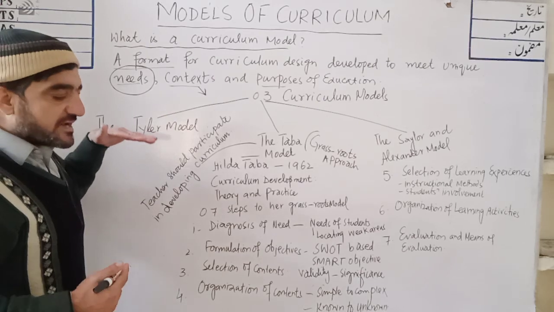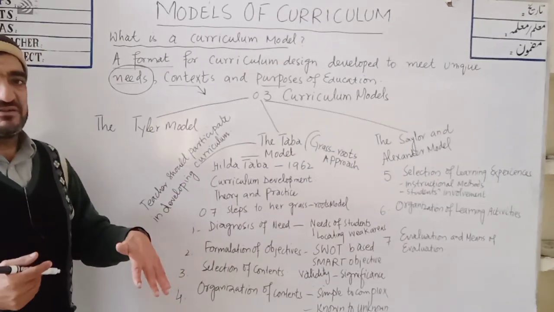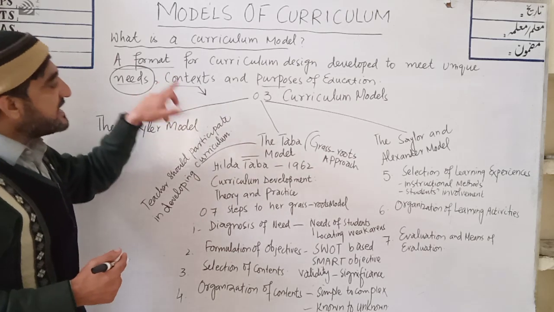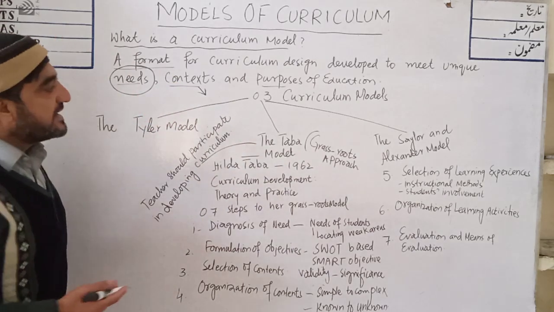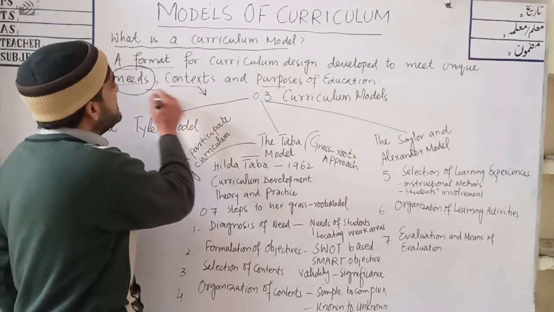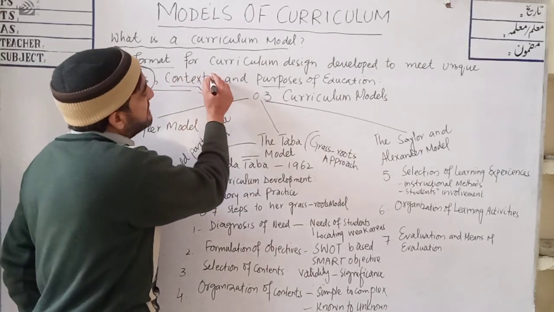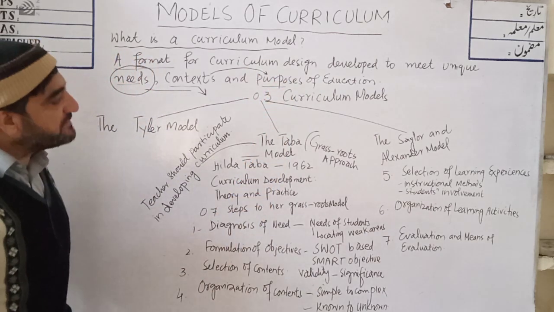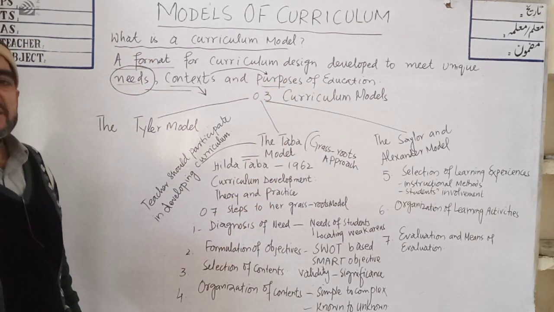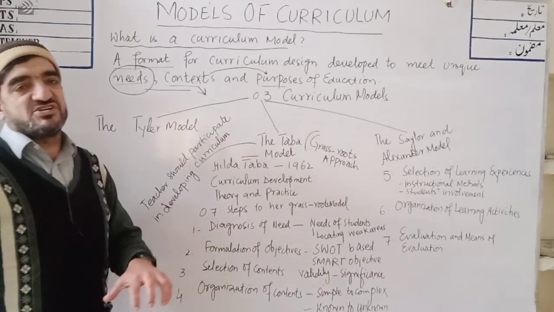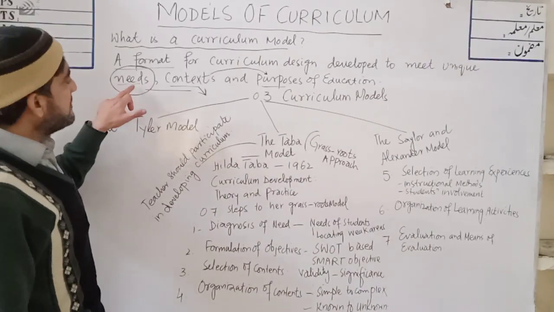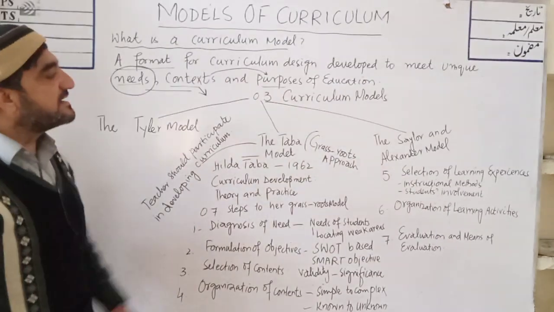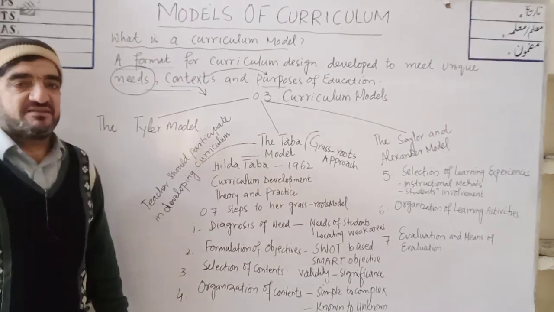So contents should be selected keeping the context, the scenario, the requirements of the time. And when the needs and contexts are properly selected, then the purposes will be directly accomplished, because needs and contexts are the parameters for the achievement of the purposes.